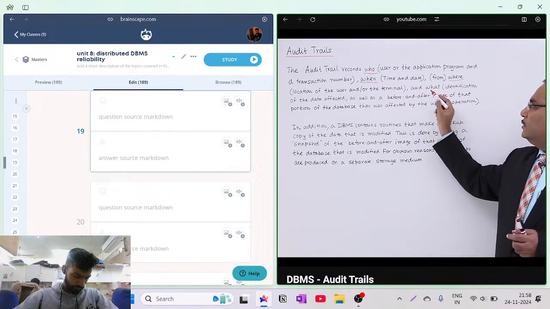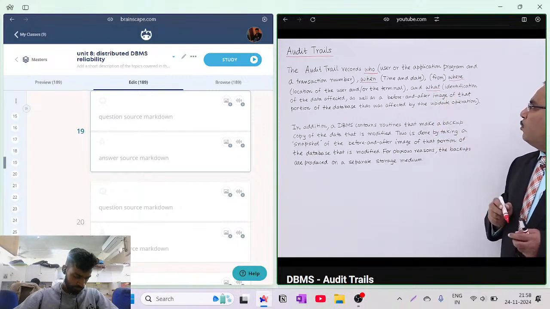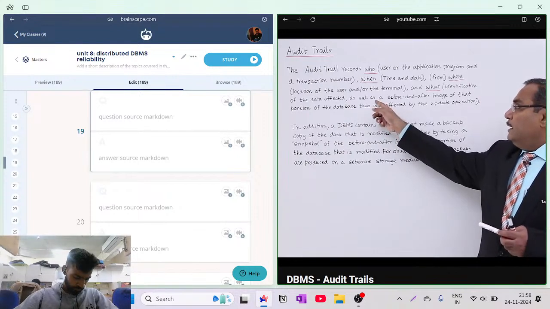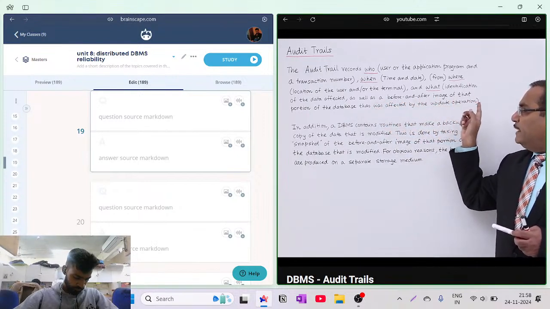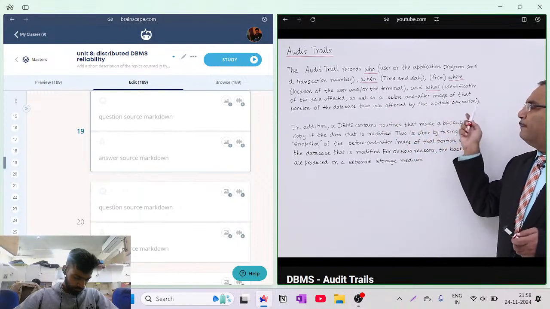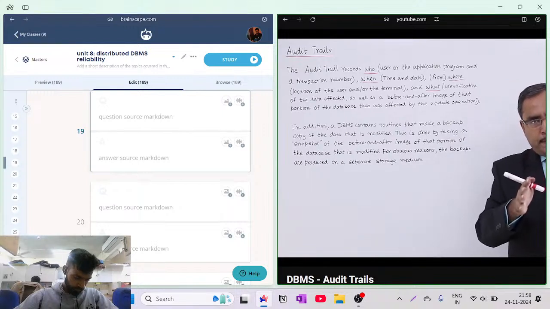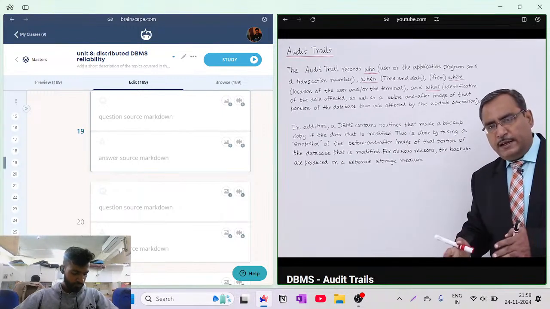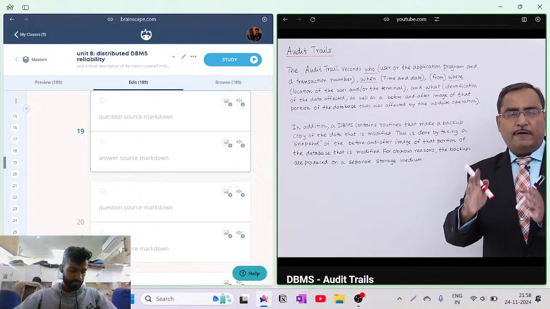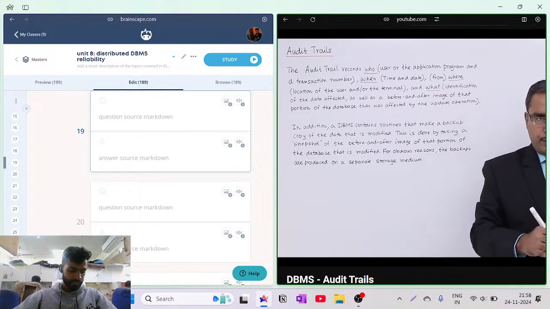And what? So that is the fourth question it is asking. What means the identification of the data affected, as well as a before and after image of that portion of the database that was affected by the update operation. So it will keep the before and after image of that particular portion of the database which is getting affected due to this update operation.